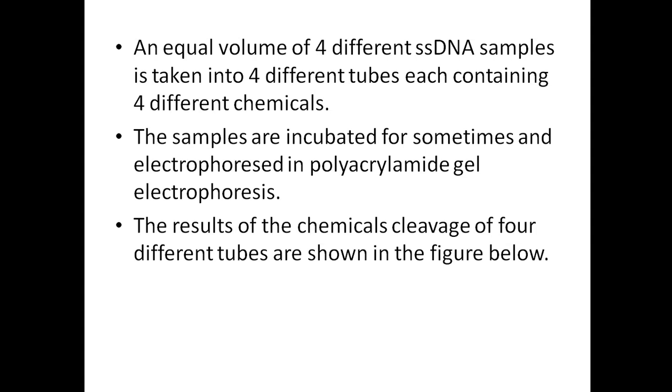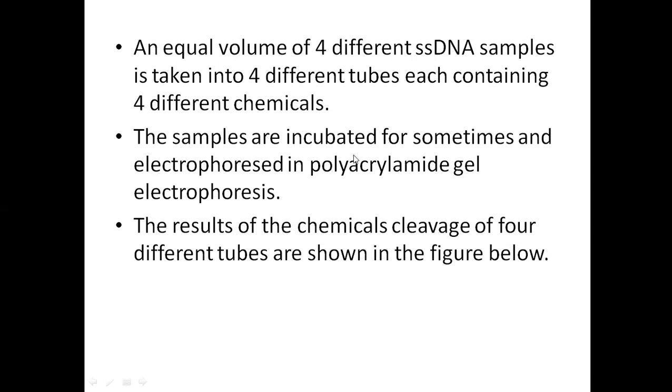Later, 4 different chemicals are added, one chemical to one tube. So you have 4 tubes A, B, C, D with equal volumes of the single-stranded DNA, and they will act on different base locations and cleave the DNA.